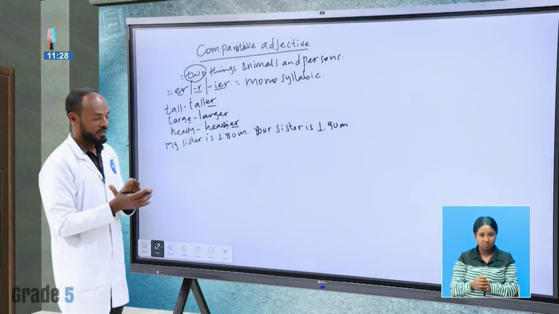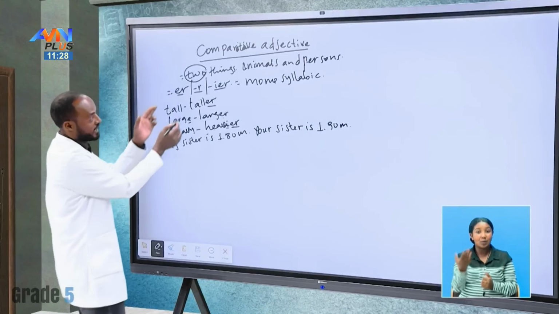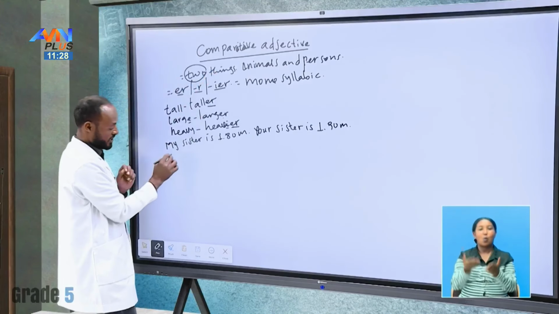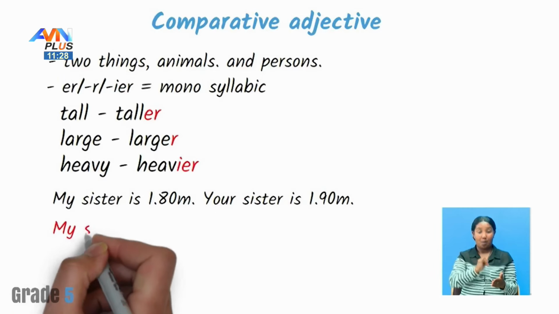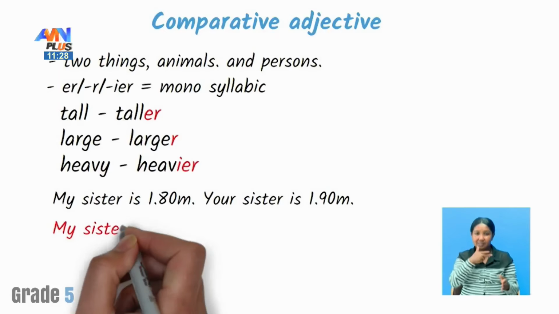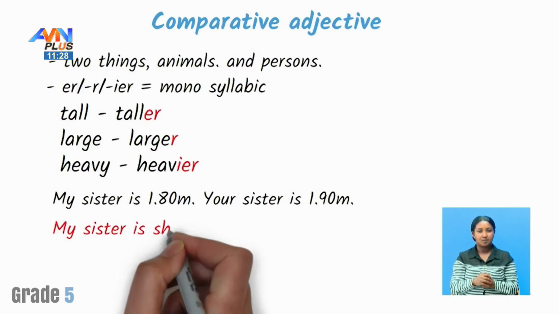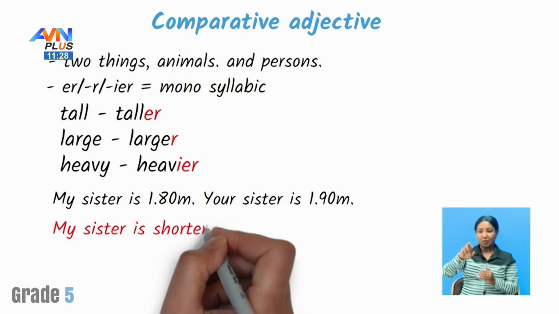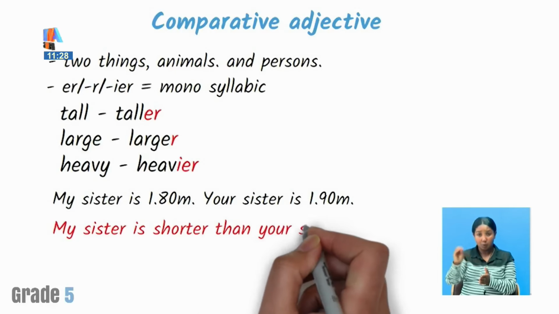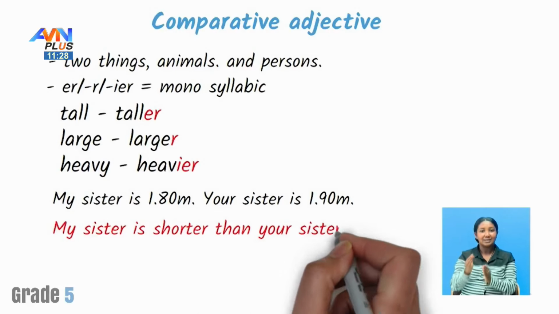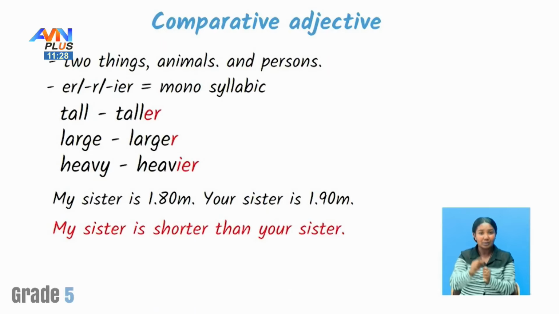Now we are going to compare them using comparative adjectives. So we have to say what? My sister is shorter because she is 1.80. Shorter than. Normally we use than after a comparative adjective. Okay? Shorter than your sister.